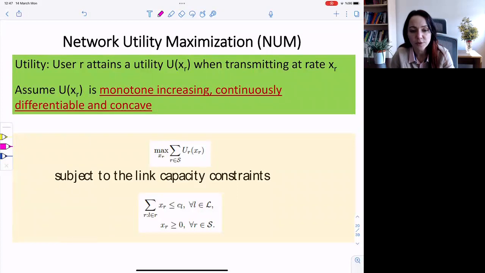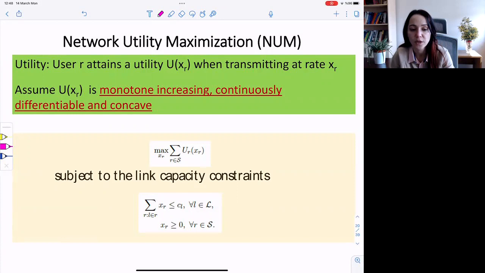So our utility maximization problem is the maximization over the choice of rates allocated to the flows or allocated to the routes. The sum of the utilities obtained by each of these users.